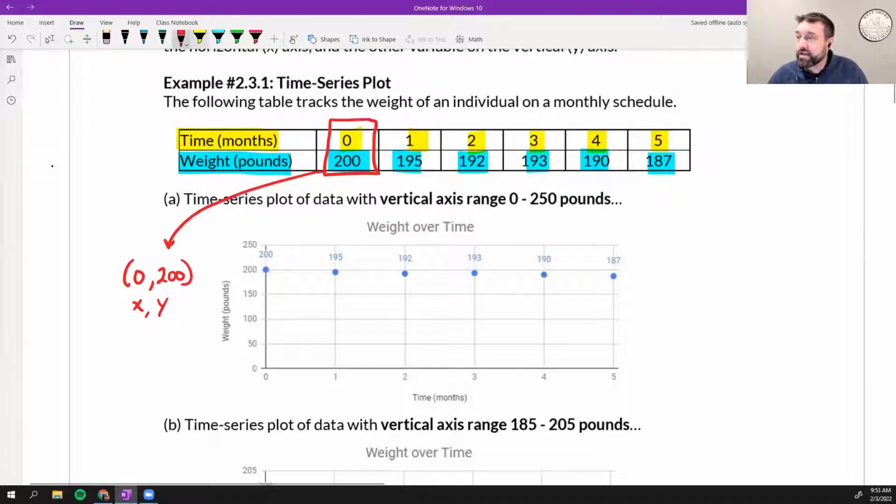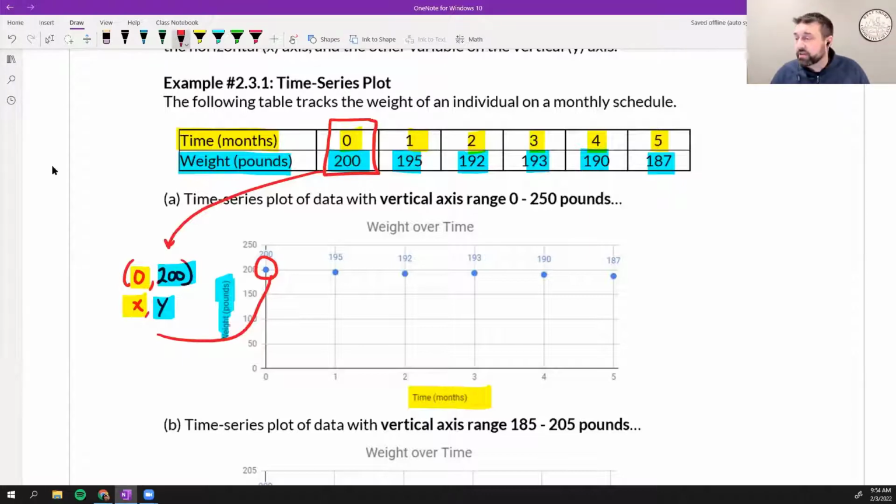So we're going to take the X coordinate, which is the time, and the Y coordinate, which is the weight, and plot them on a graph. Pretty easy, okay? If we do this for all 6 values, we get something called a scatter plot, or in this case, a time series plot, because time is involved.